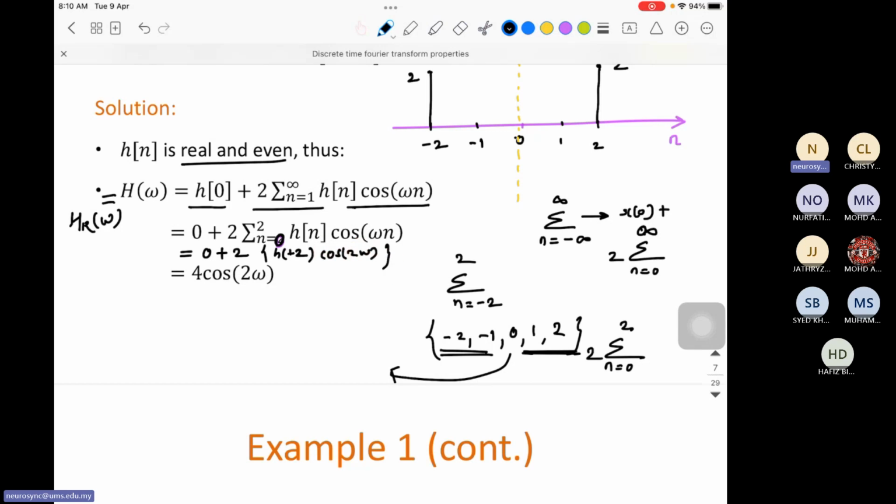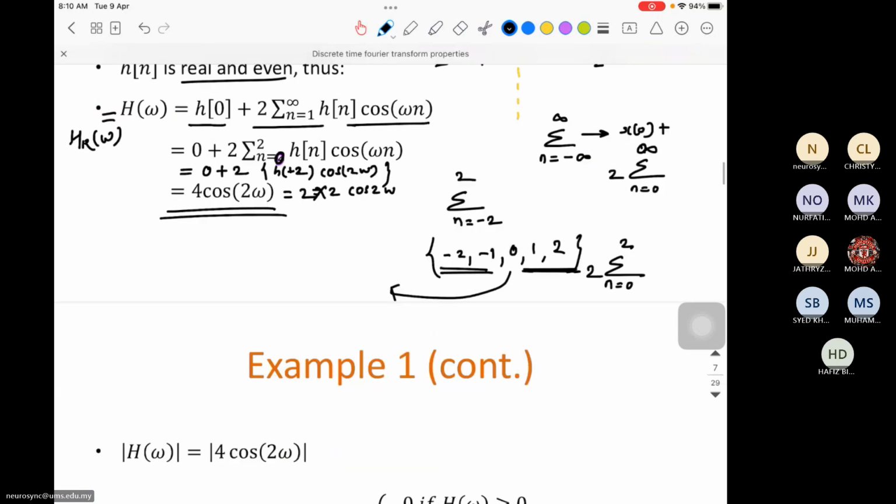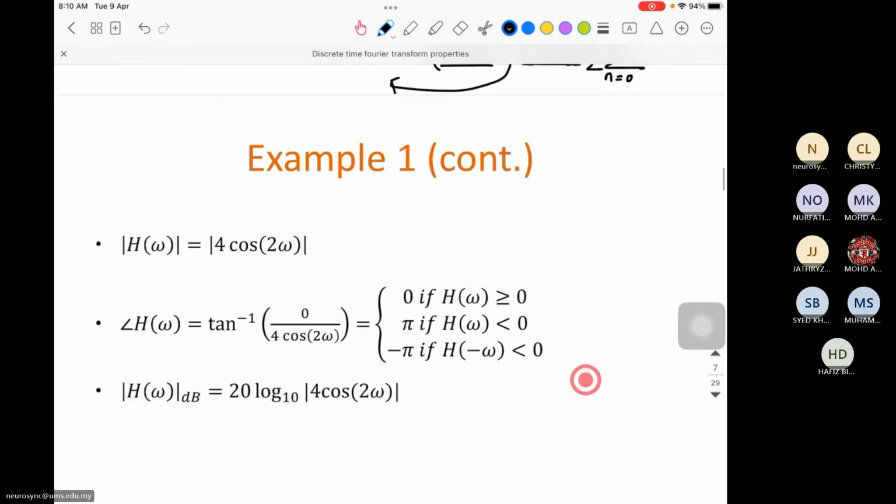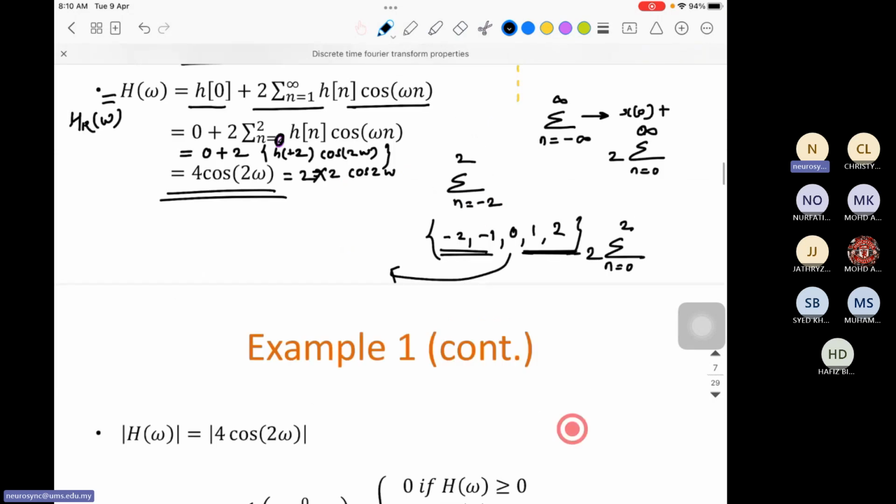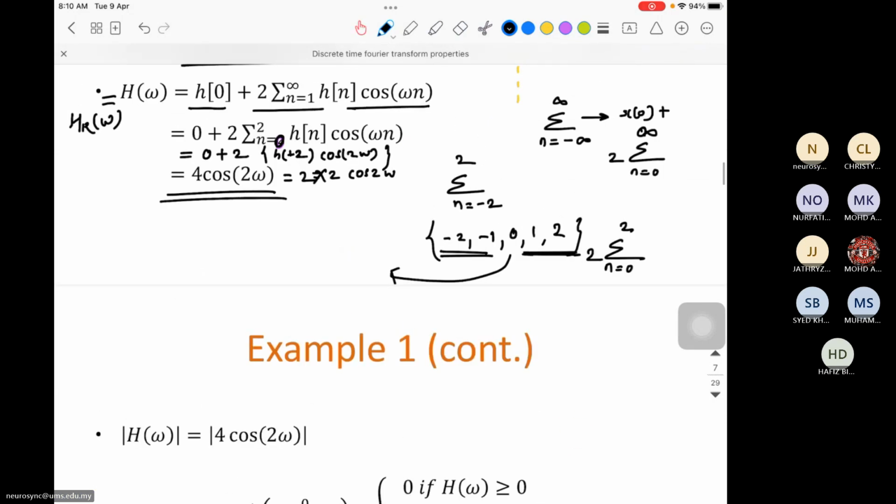So h of 2 is 2, and 2 into cos of 2 omega is again multiplied by this factor 2, therefore you will get the output 4 cos of 2 omega. Okay, so this is the answer for h of omega.